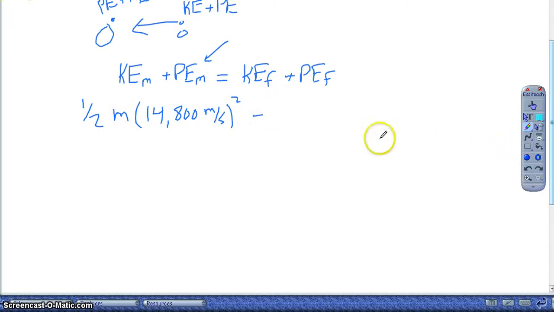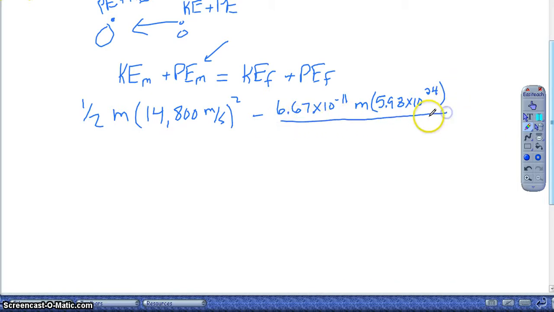So it'd be negative G, negative 6.67 times 10 to the negative 11th, the mass of the meteor, which I don't know, and then the mass of the Earth, which I do know, 5.98 times 10 to the 24th. Again, taking that from one of the questions before, I do need that information. And then the distance to the moon's location, which they do give me here, 3.84 times 10 to the 8th.